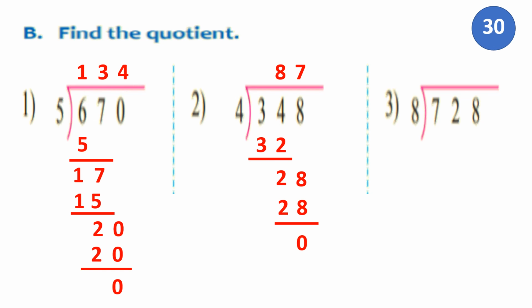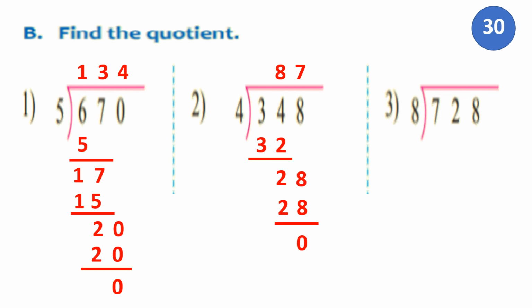Next is number 3. Number 3 is 728 divided by 8. First is number 7. 7 divided by 8 is no, cannot be.